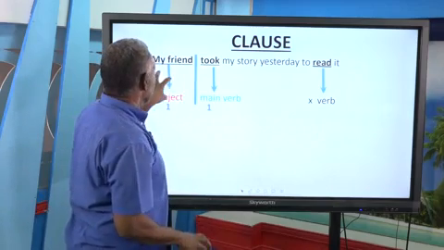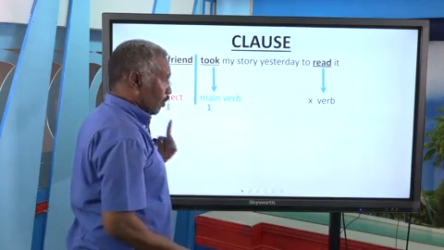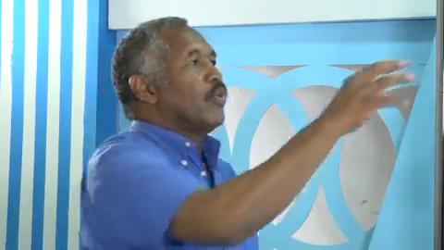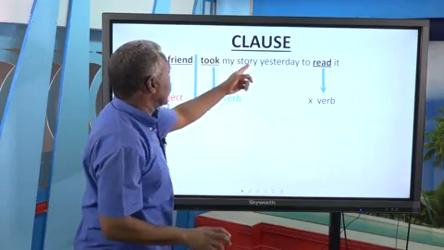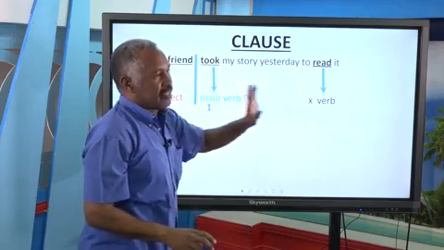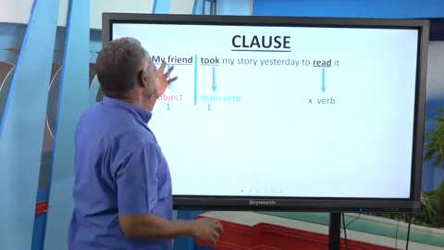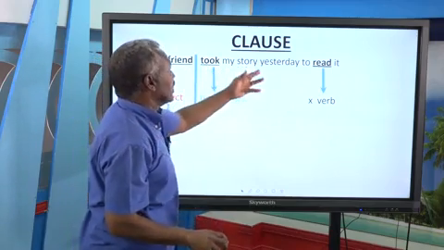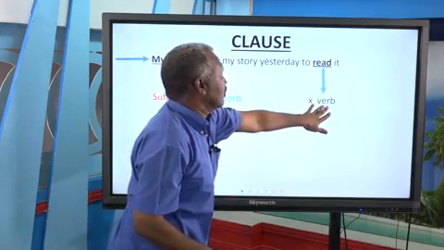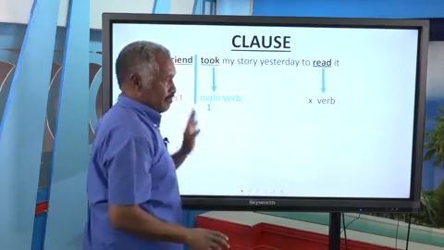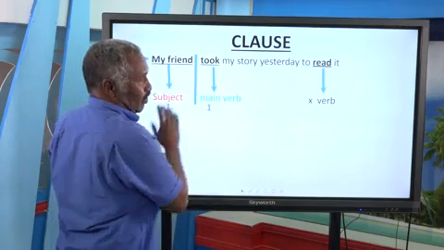The subject, only one subject and only one main verb. Why is took the main verb? Because I can't take it outside. I can't say my friend my story yesterday to read it. But I can say my friend took my story yesterday only. I can stop here. So this is not the main verb. Okay, this is a clause.